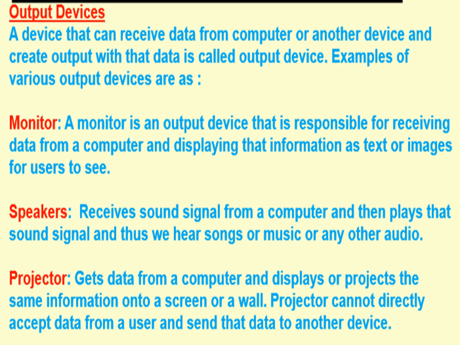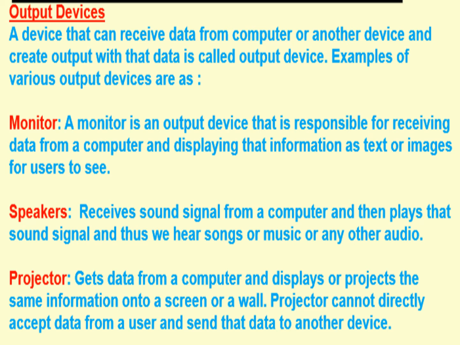Next is your output device. Now what we have just heard, an output device is something which converts the binary data to human readable form so that a normal human being can understand what is written on the computer screen. Your examples are monitor, speaker and projector. I hope everyone knows this.